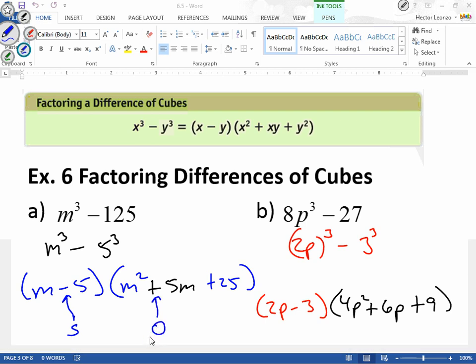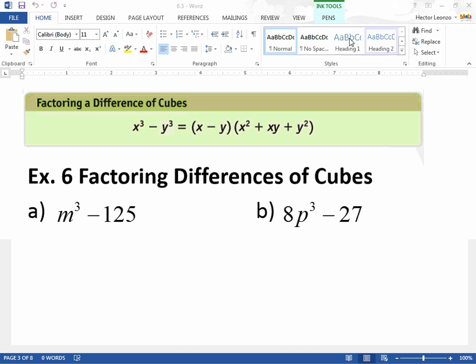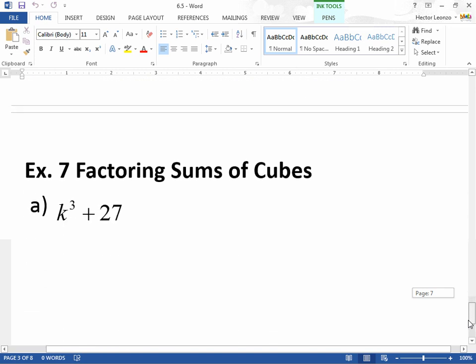So notice I changed the sign. Now the last sign will always be positive. So if you remember the word SOAP, you will remember your signs. Same, opposite, always positive. That happens whether we have a minus in between the cubes or a plus in between the cubes, because it works with the pluses as well.